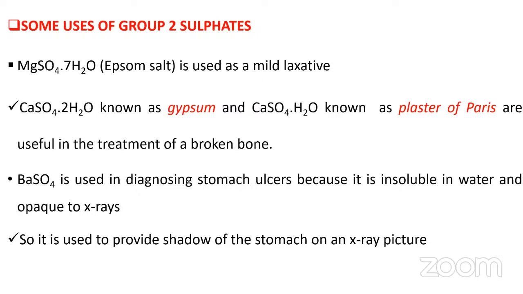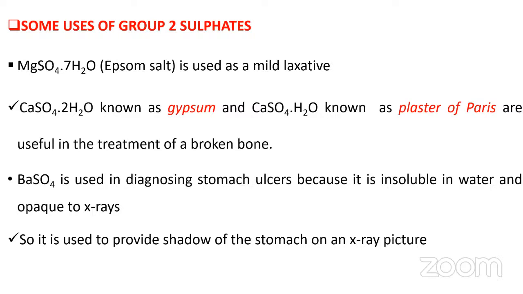That is actually what they use, your calcium sulfate. It's because of the solubility in water, such that when it's being applied, it's fairly soluble, but with time, it solidifies. If it's already very soluble in water, it cannot be used as your plaster of Paris. And if it's already solid, then it cannot be used. But because it is thoroughly soluble, it can then be used as your plaster of Paris in the treatment of broken bone.